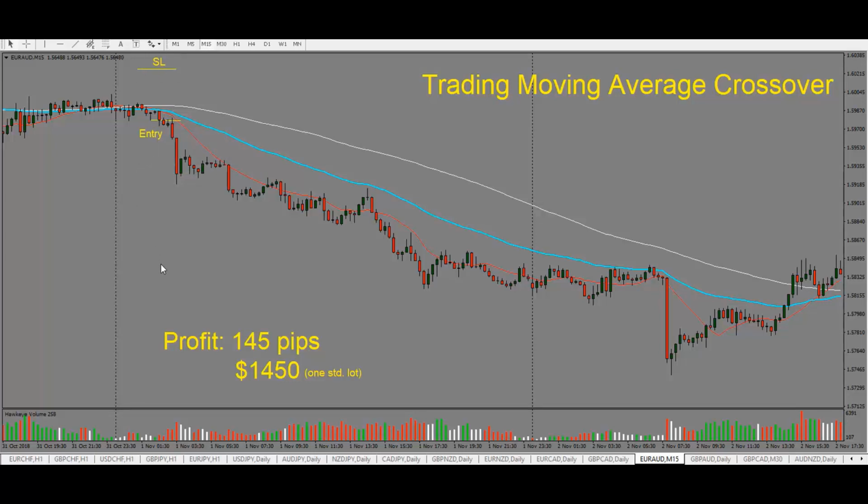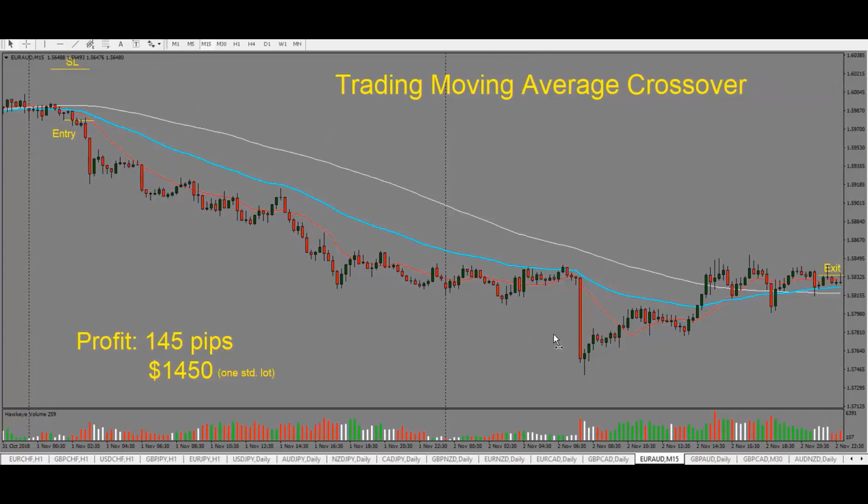Our stop would go on the other side here, and we just follow along as the moving averages flow through. As price drops, we see that the moving averages spread out a bit more, and then as price starts to pull back, we see that the moving averages cross over in the opposite direction.